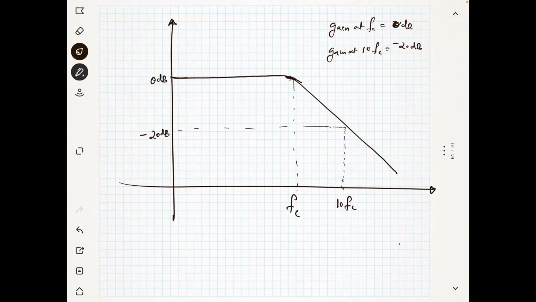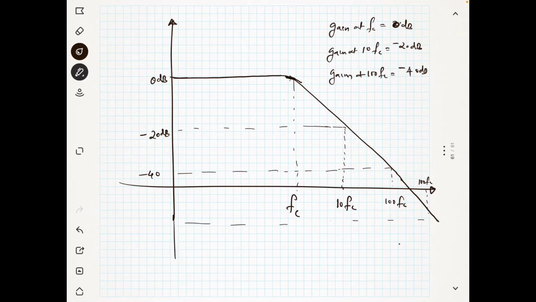Now this is 100 Fc, and the gain at 100 Fc is minus 40 dB. This is going like this, and this is 1000 Fc, where the gain is minus 60 dB.